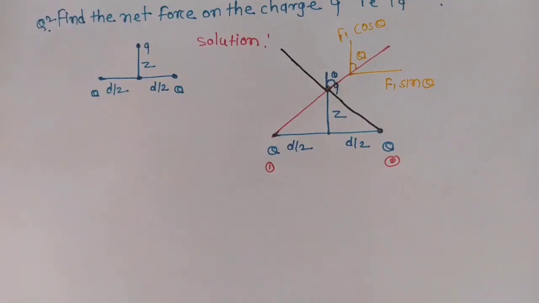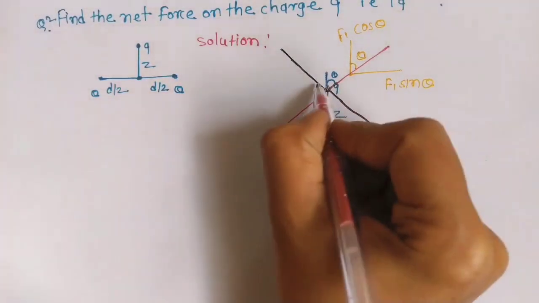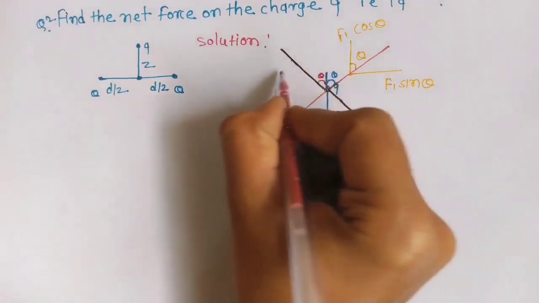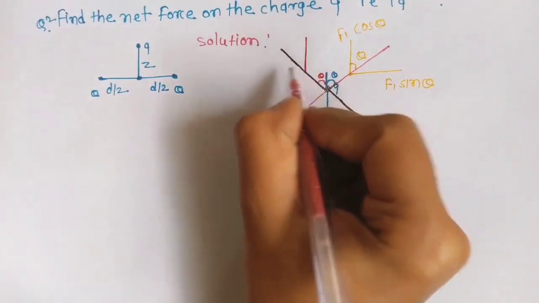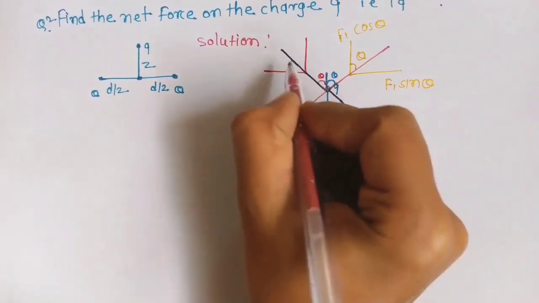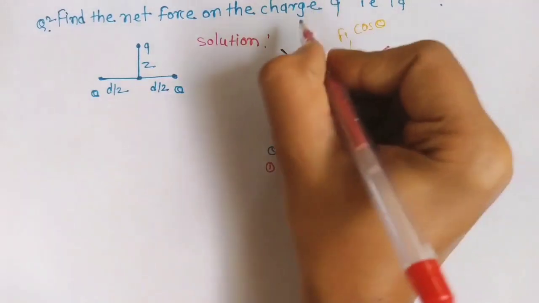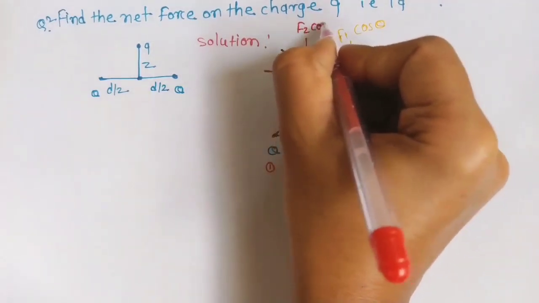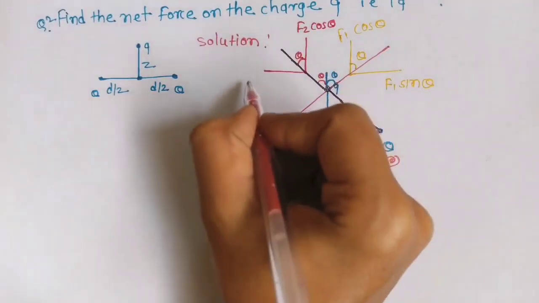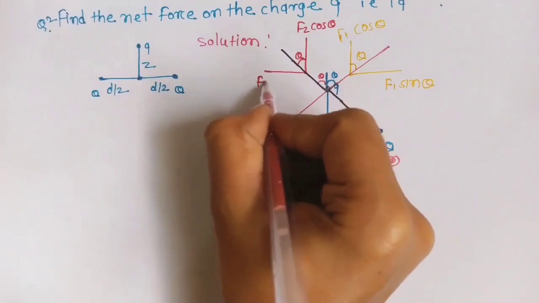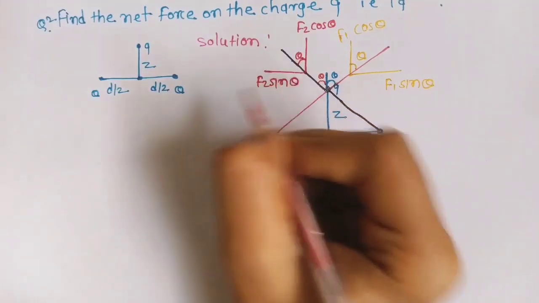Again, this is making angle theta, and it is resolved into two components. This is also angle theta, and the adjacent to the angle theta is F2 cos theta component, and this is F2 sin theta component.